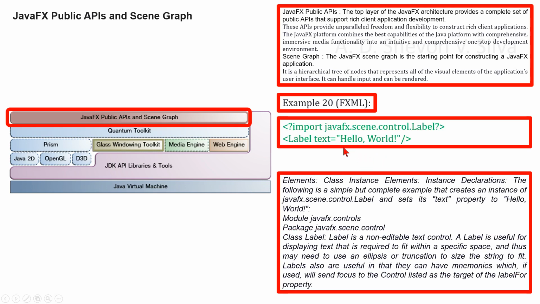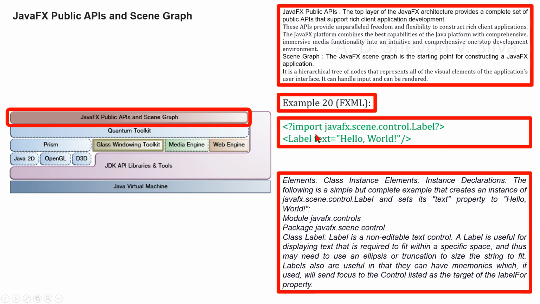Now we are considering instance declarations. In class instance elements, an element's tag is considered an instance declaration if the tag begins with an uppercase letter and the class is imported.